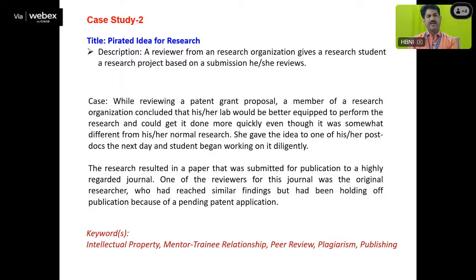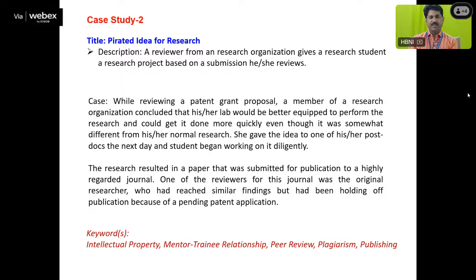So this is definitely a violation of the ethical standards, and here the intellectual property is questionable, and the mentor-trainee relationship is also questionable, because the researcher has not clearly told the student what it was for and where they got the idea from. They have not discussed it properly.